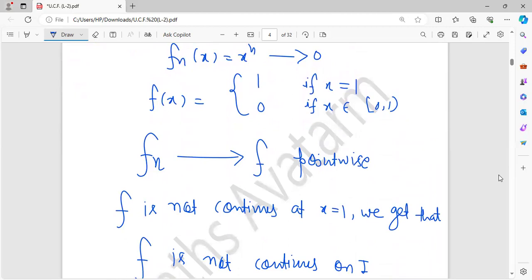You take any particular n, each fn is a continuous function. But its pointwise limit is a discontinuous function. So if fn converges to f uniformly, f has to be continuous. But f is not continuous, so it cannot be uniform convergence, even though it is a pointwise convergence. Okay.